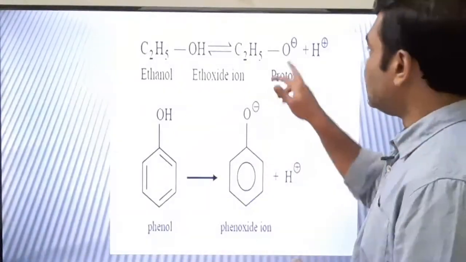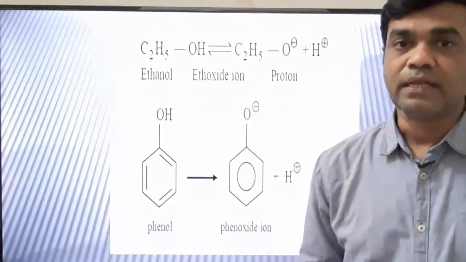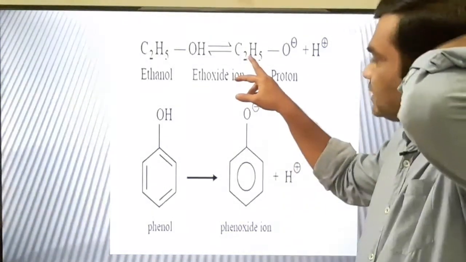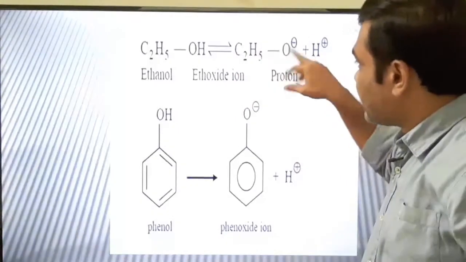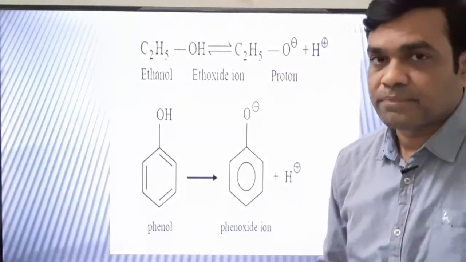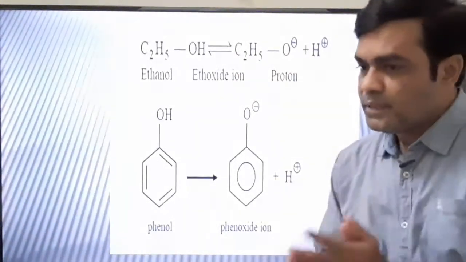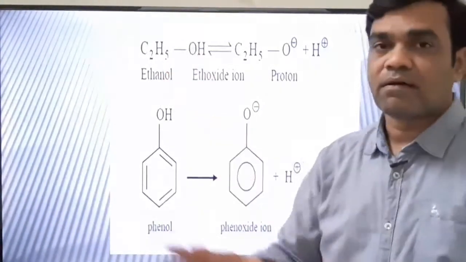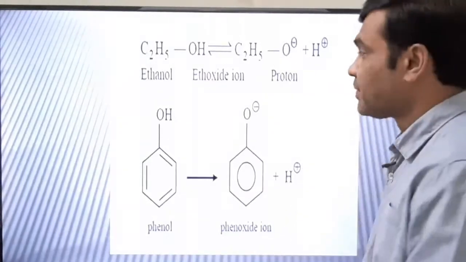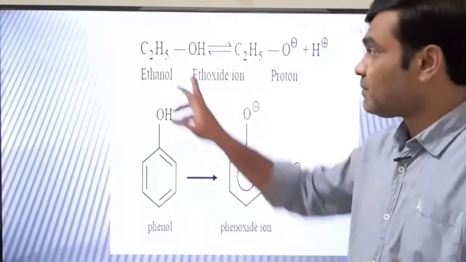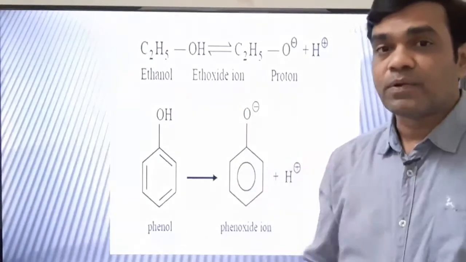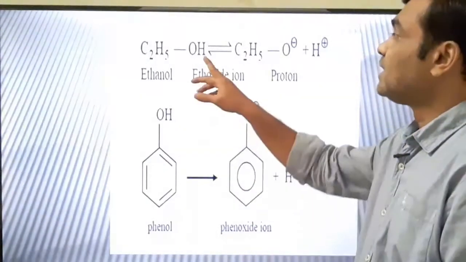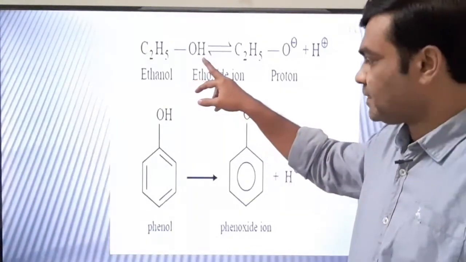Secondly, due to the plus I effect, the inductive effect of the ethyl group, it is electron donating in nature, and this destabilizes the ethoxide ion further. It means the resultant ethoxide ion is less stable than ethanol, or in general alcohol itself. Therefore, ethanol will not donate a proton easily, and therefore it is not acidic in nature.